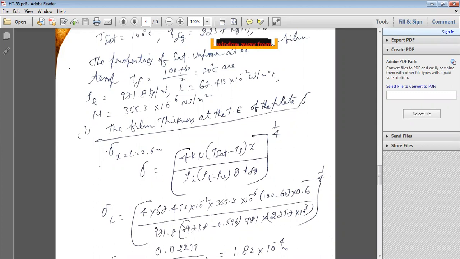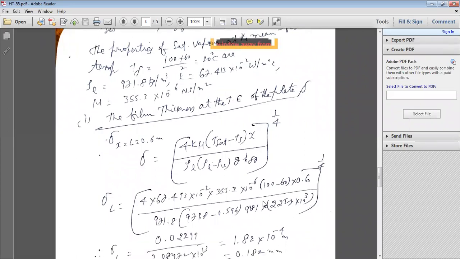That's why in the real problem you take rho L into rho L, which is rho L square. You can directly take rho L square by neglecting rho V. Otherwise, you substitute the very small value, into g 9.81 into h_fg 2257 kilojoules per kg, but converting kilojoules to joules, 2257 into 1000.